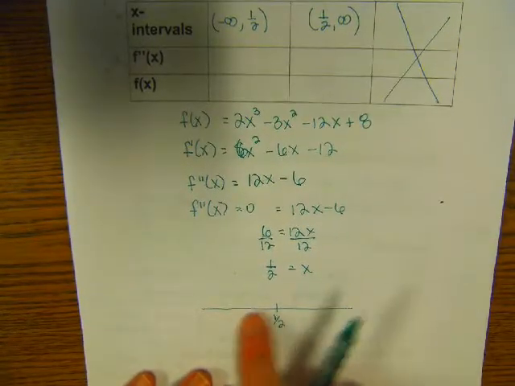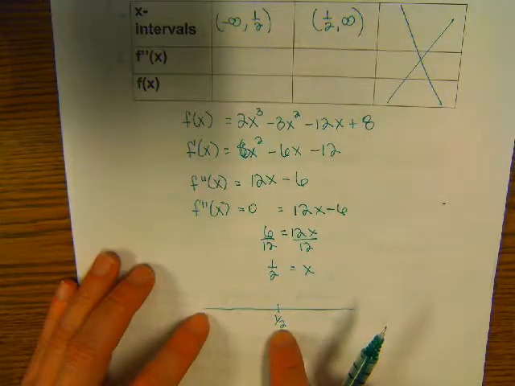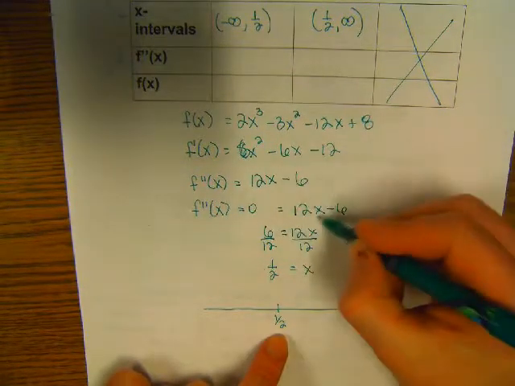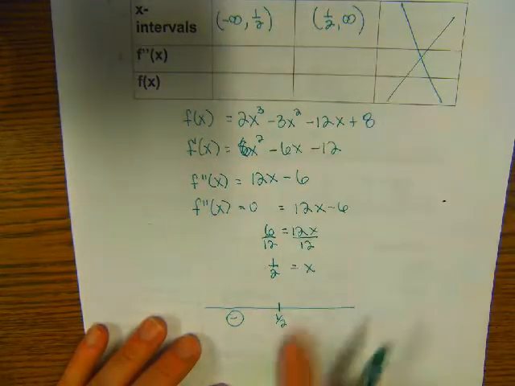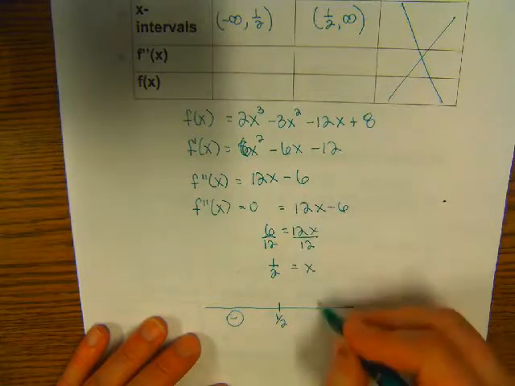All right, so let's put in a value to the left of 1/2. How about 0? If I put in 0, then I would get a negative number. If I put something to the right of 1/2, like 1, I would get a positive number.